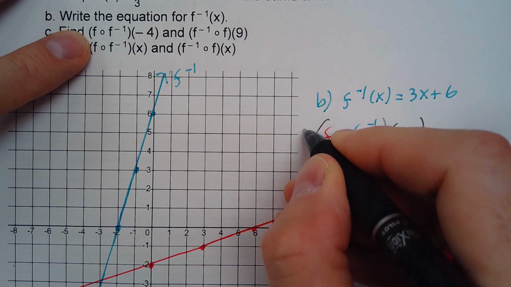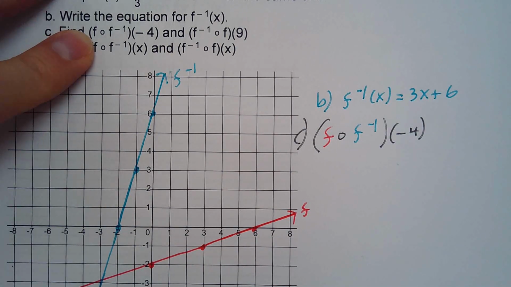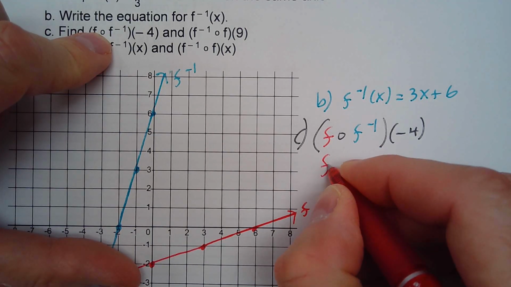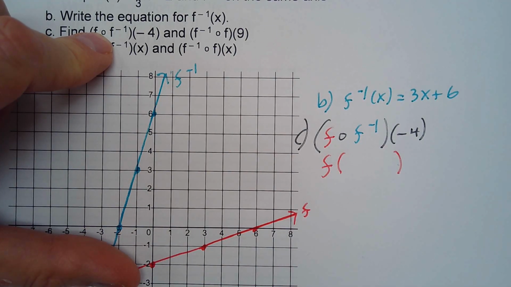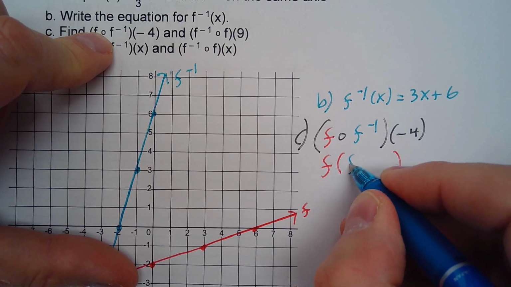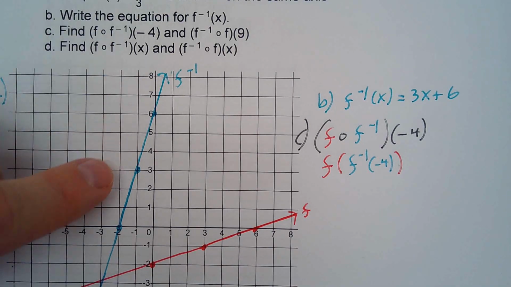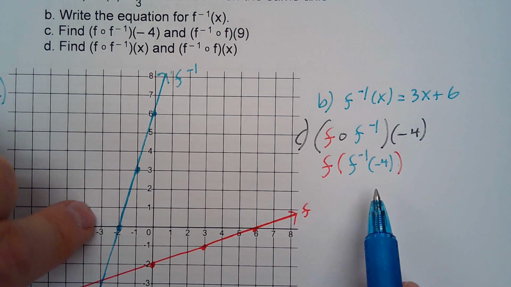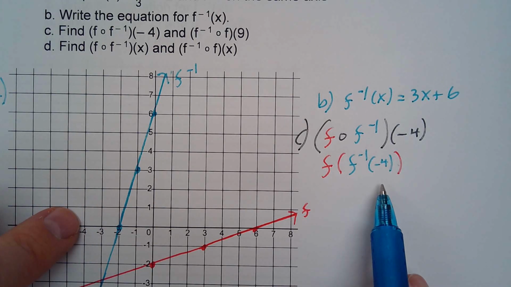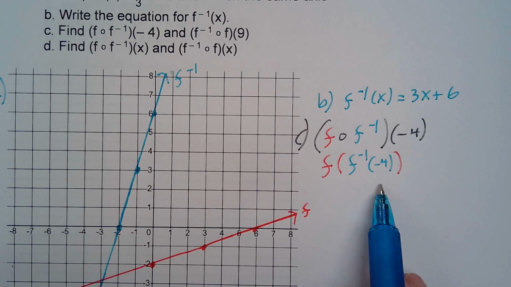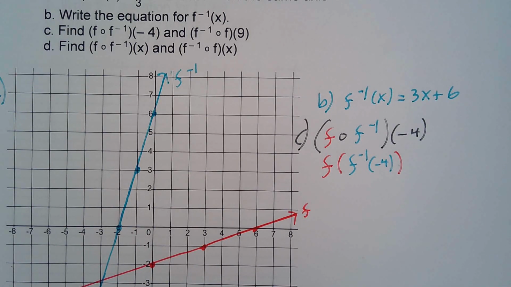So now we're working on part C here. So remember our composition, this is f of f inverse of -4. So I'm looking at -4, looking at my graph, and that is way down here.